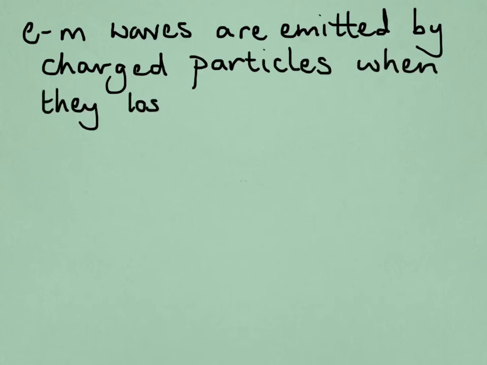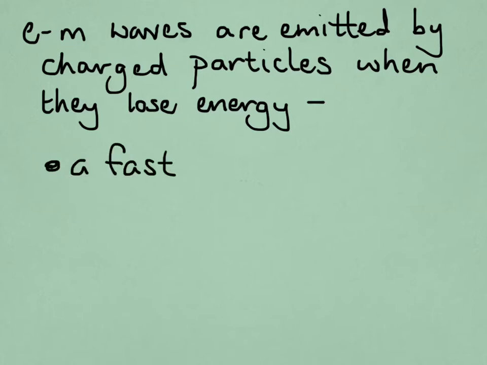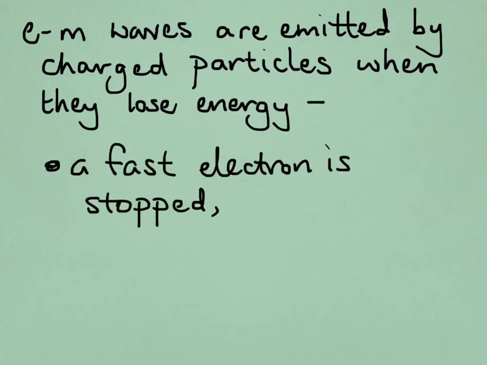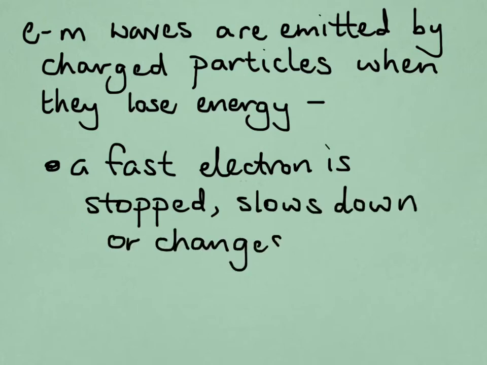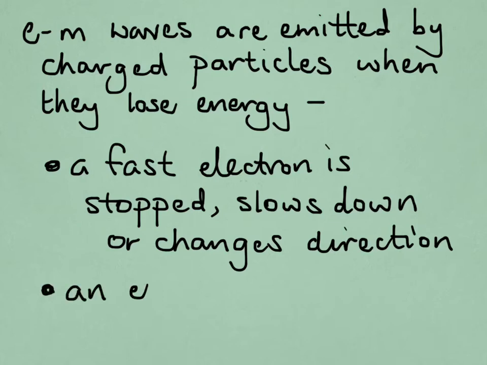Electromagnetic waves are emitted by charged particles when they lose energy, and there are various ways that they can lose energy. You could have a fast electron which is stopped or slowed down or changes direction. Any of those will cause it to lose energy.